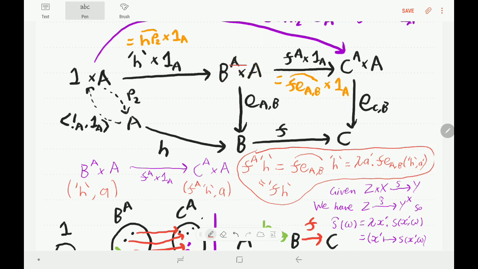Well, if we're doing this in Set, then along this arrow, we're going to have some name of H, which is going to be a member of this set B to the power of A. So we have the name of some function, and we also have some element little a of this set capital A. And then when we do this function here, we leave the little a alone, but we change H quotes to f of a applied to H quotes.